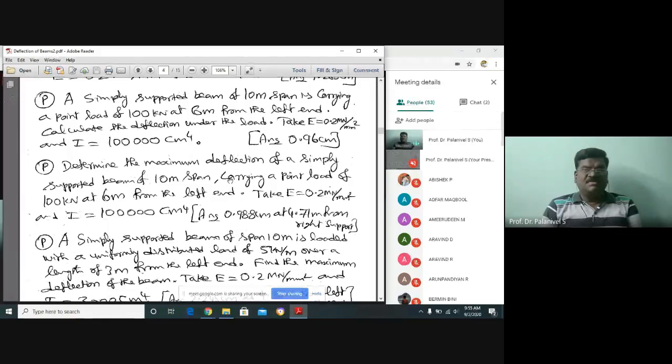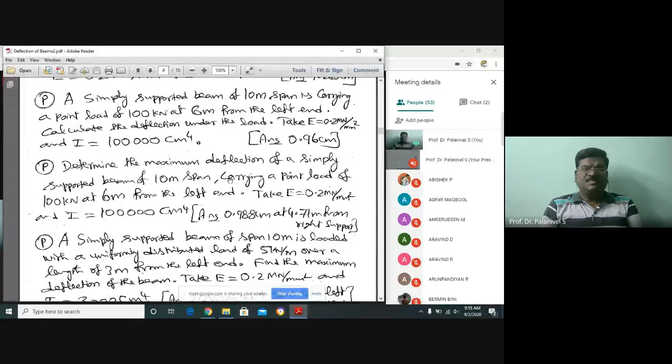Now the beam is divided into two portions, because the point load is acting 6 meter from the left end. Say support A, support B, and where the point load acts, say C. You write the general expression for portion AC, and in that you have the slope equation. Equate that to 0.